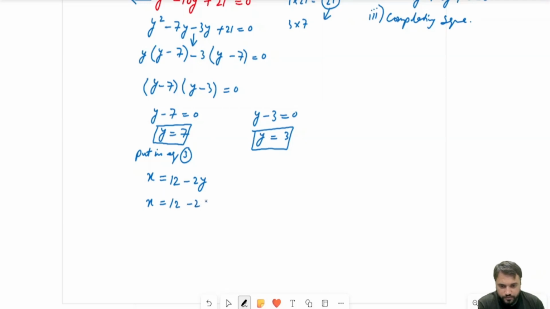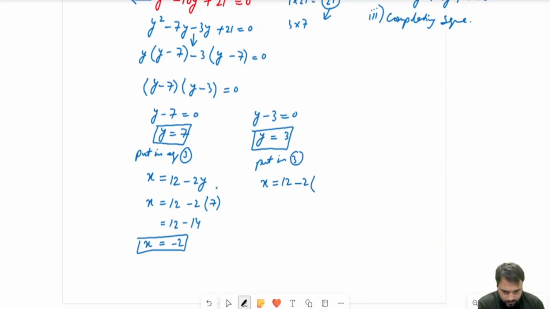12 minus 2 into 7. After simplification, we get minus 2. Also put this value in equation 3. x is equal to 12 minus 2 and y is 3. 12 minus 6, and we get the answer 6.